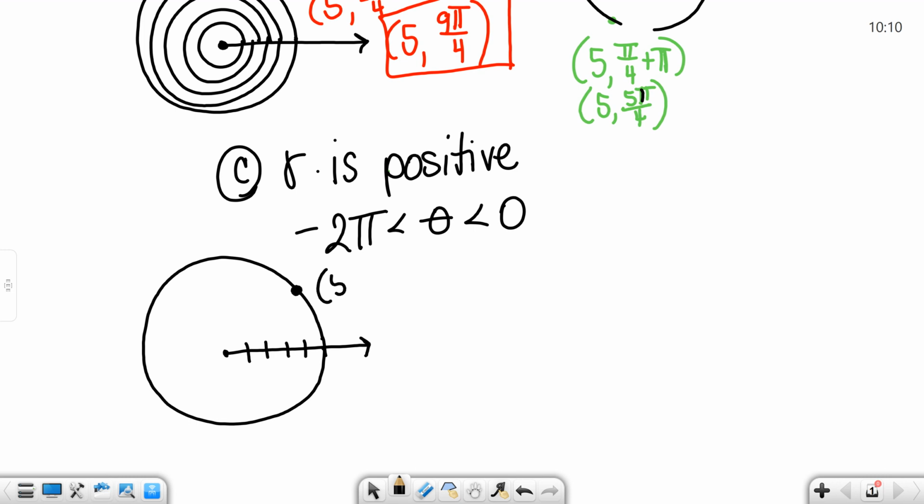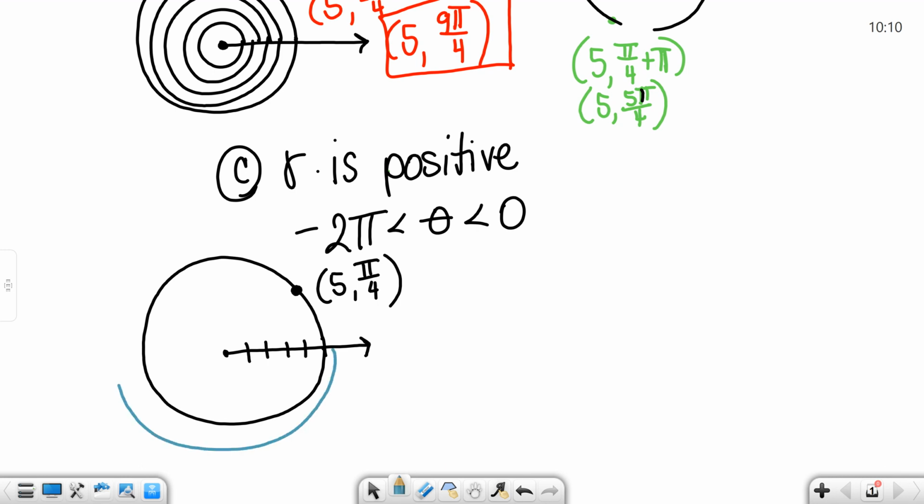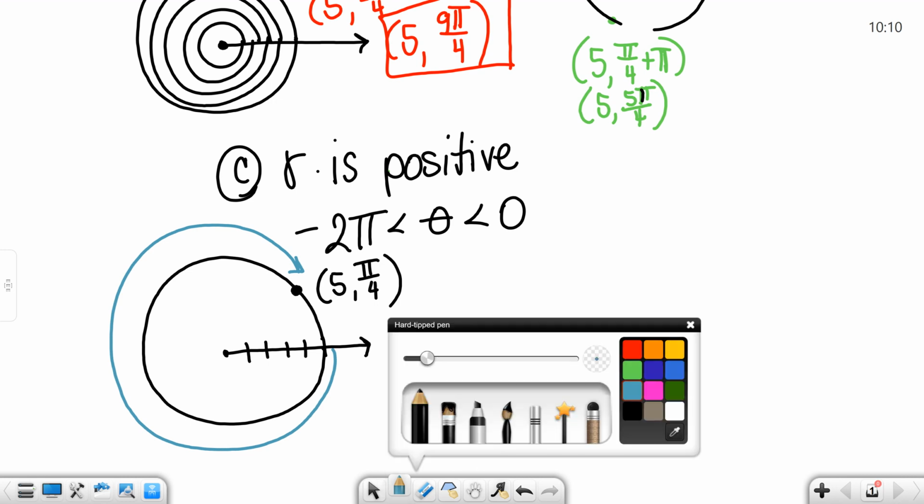This is the point that we are given, 5 pi over 4, and we're looking for another representation where r is positive, but theta is a negative value. Okay, well, if I just go the negative direction from here, from my polar, if I go this direction to name that angle, that would make theta negative, right?